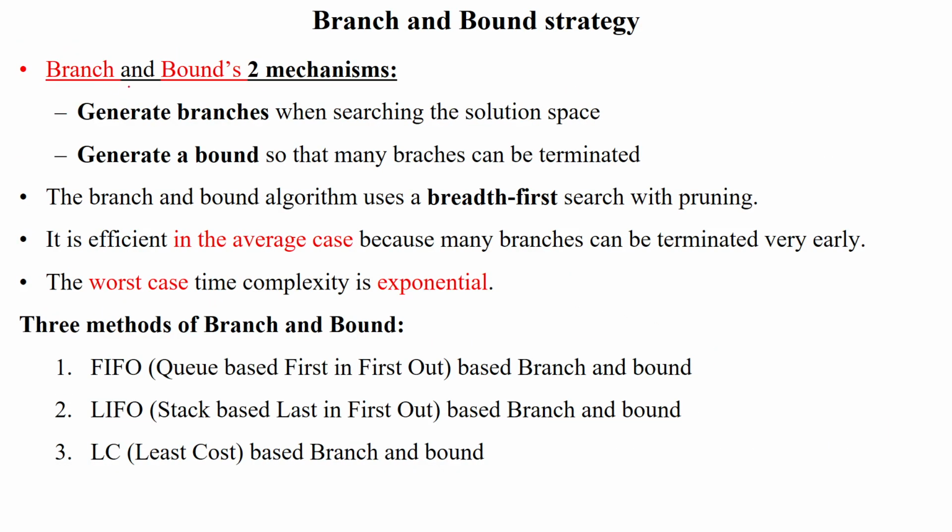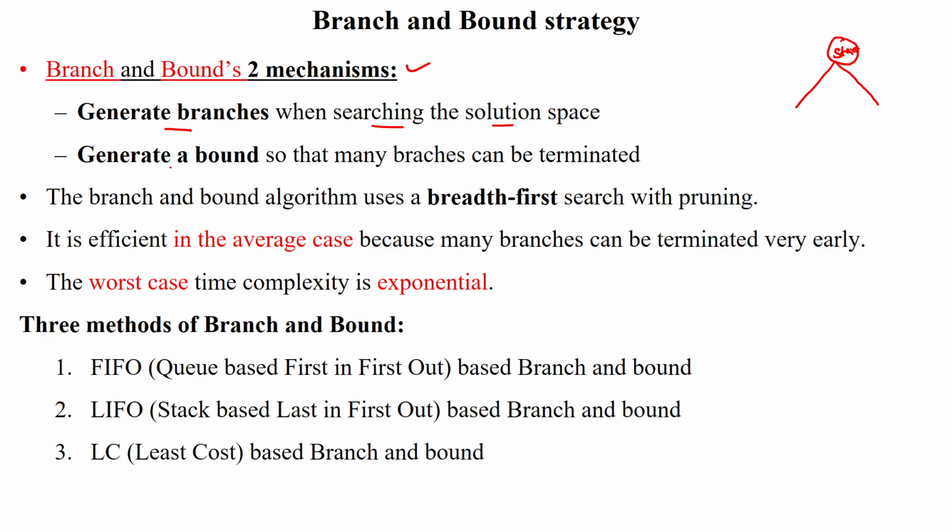Here the branch and bound has two mechanisms, which generate the branches whenever searching starts for finding the optimal solution from the solution space. For example, if you start from the root vertex, then it will generate the branches to find the path for the best optimal solution.